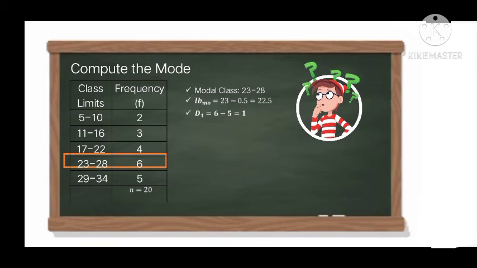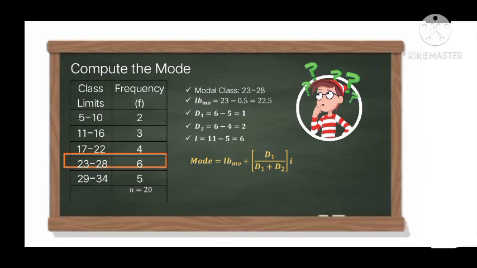And then our d sub 1, which is the difference between the frequencies of the modal class and the next upper class, is 6 minus 5 is equal to 1. And our d sub 2, which is the difference between the frequencies of the modal class and the next lower class, is 6 minus 4 is equal to 2. And our class interval is equal to 11 minus 5 is equal to 6.